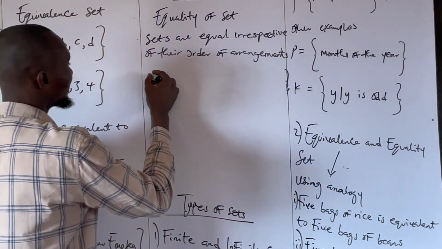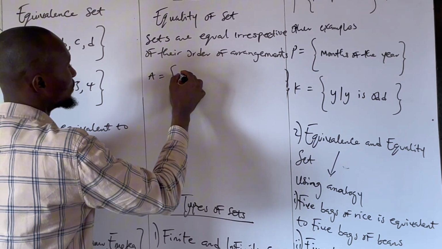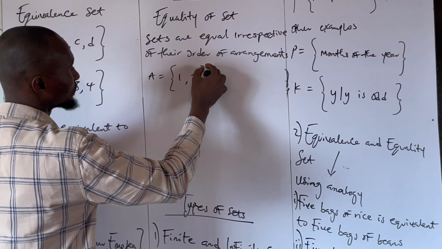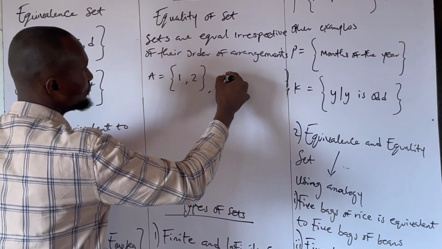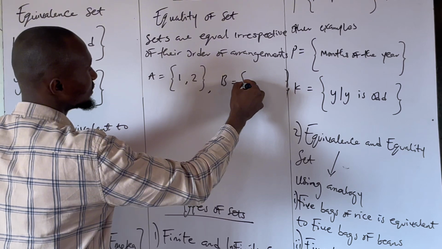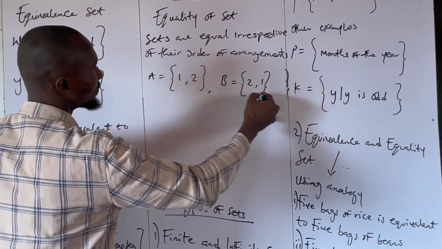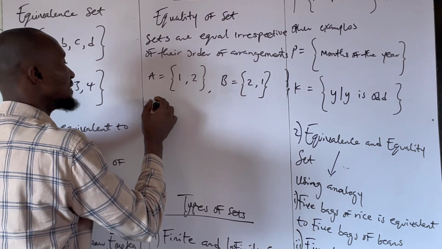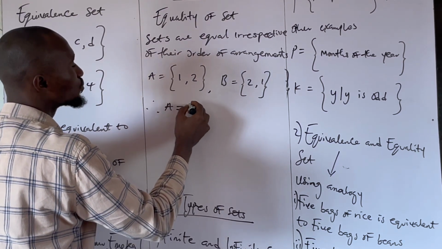For instance, if you have that A is equal to {1, 2}, and B is equal to {2, 1}, therefore A is equal to B.